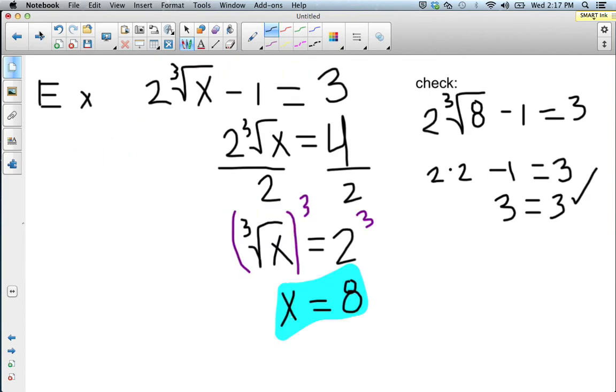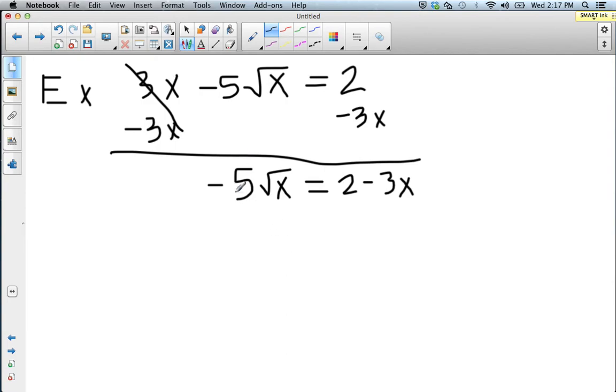On our example, if I square both sides now, and square this, negative 5 squared is positive 25, and square root of x squared is x, so I have 25x here.